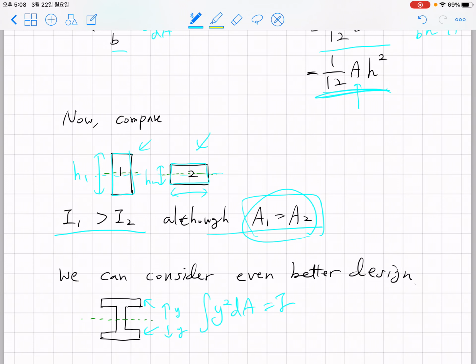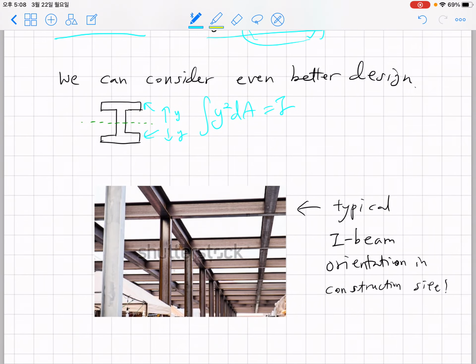And actually, you can see the implication of this at many construction sites. When you take a look at I-beam structures at a construction site, I-beams are always oriented in this way.